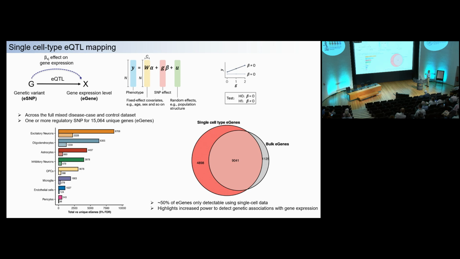And what we found was that around 50% of eGenes are only detectable using single cell data. I think this shows the increased power to detect genetic associations between genetic variation and gene expression when we get down to more granular layers of information like single cell types compared to bulk tissue sequencing.